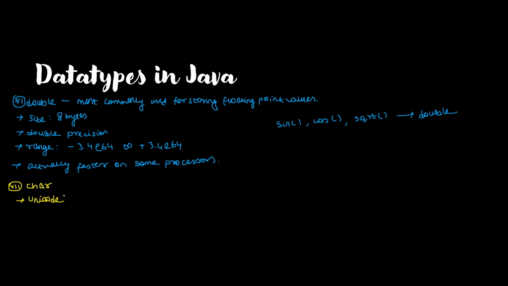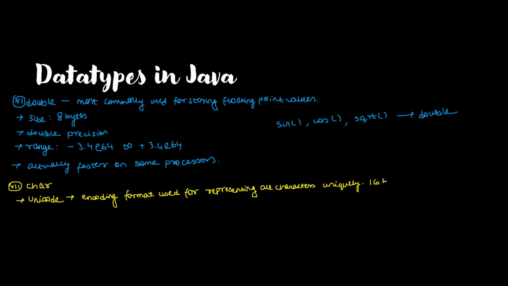Unicode is an encoding format which is used for representing all characters, numbers, tokens, digits, symbols, etc. uniquely.